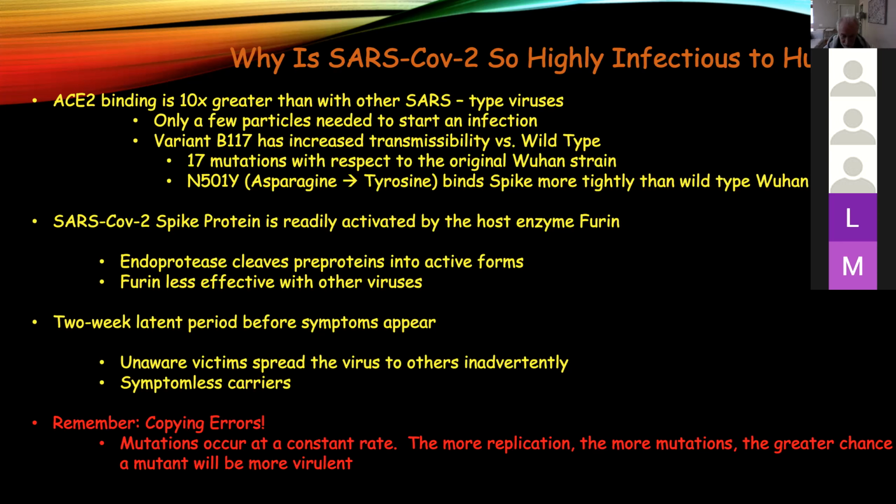But within any organism, there is a constant rate of copying errors. It's unavoidable. And all coronavirus is trying to do is what any organism tries to do, and that is make more of itself. And the more of itself it makes, the more variants there are going to be.